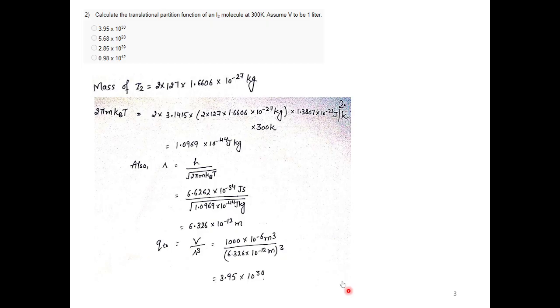So now, I don't know whether I was audible or not. If you see here, you know the mass of iodine is 2 into 127. 127 is the atomic weight for only one iodine atom.